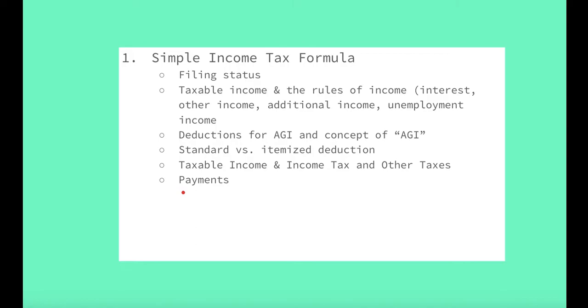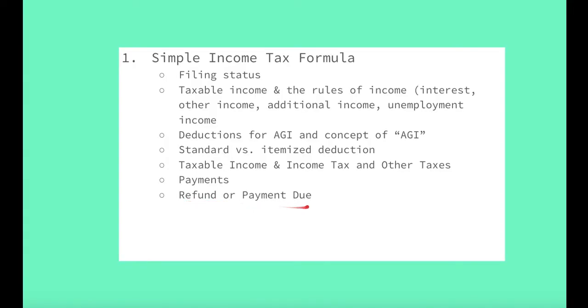So your W-2, Box 2, federal income tax withheld, those are considered payments throughout the year for your taxes. So the difference between the income tax calculated on your return based on taxable income minus the payments you've made throughout the year equals a refund or a payment due.